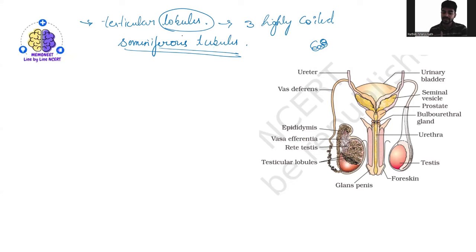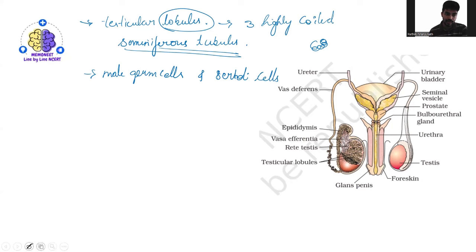Each seminiferous tubule is lined on its inside by two types of cells: male germ cells and Sertoli cells.